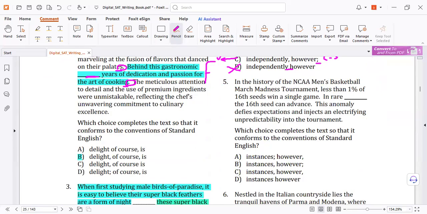Now try again. I think it will be C. You would like to make it C, and C is correct.